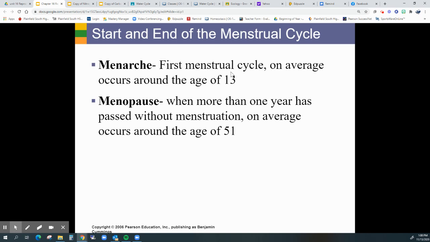If they don't reach that 100 pounds at or before age 13, then it can be later. Especially in athletics, a lot of times what we'll see is athletes, because they tend to have less body fat, can have later menarche because of that. And then menopause is essentially when that process stops. This usually occurs around age 51, depending on processes.